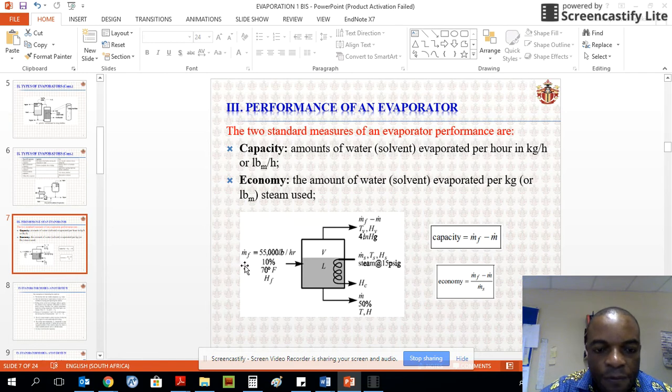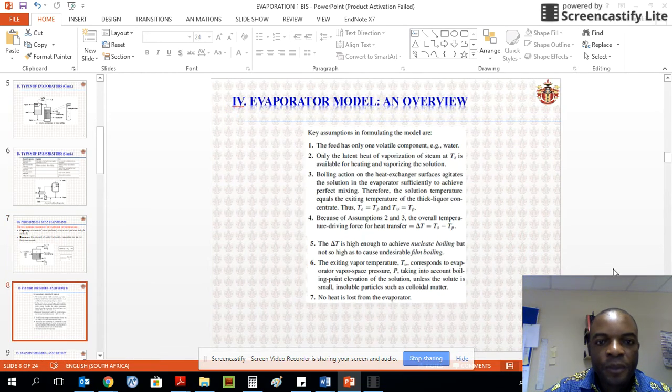If MF is the flow rate of the feed and M is the flow rate of the concentrate or the liquor, then through material balances, you'll find out that the flow rate here will be MF minus M. Now, when you divide this flow rate by the flow rate of your steam, you find what we call the economy.